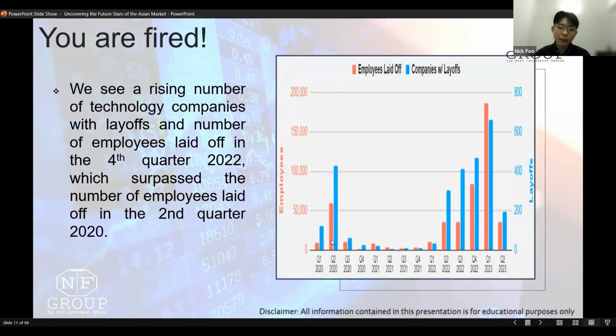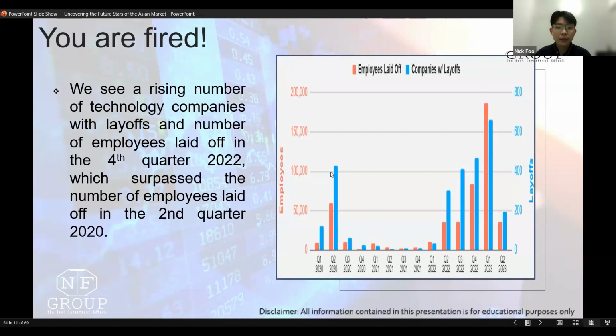But after that, it was steady. But in 2022, the second, third, and fourth quarters, the number of employee layoffs increased. Am I right? And then especially in the first quarter of 2023, the number of employee layoffs skyrocketed, ladies and gentlemen.